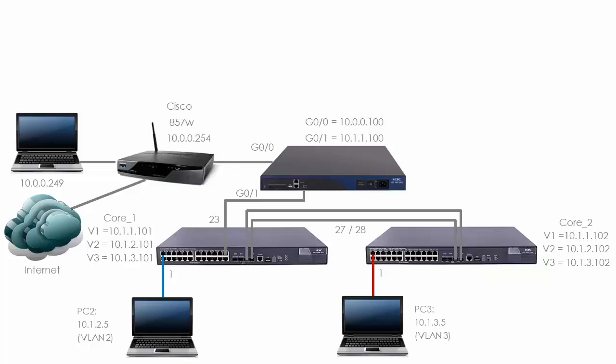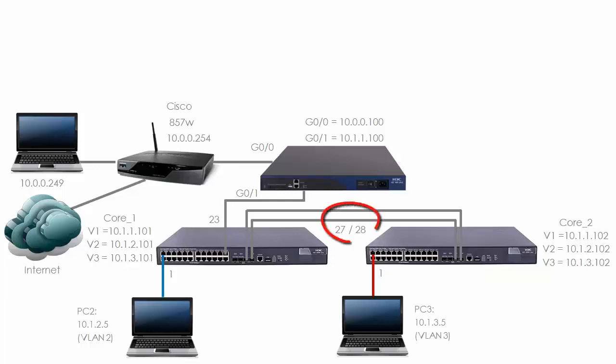So traffic from PC3 going to the recording machine will use VLAN 3 on the access port, will be inter-VLAN routed by core 2, sent across the bridge aggregation in VLAN 1, sent to the router or MSR, which will forward the traffic on to the Cisco router and on to my recording machine, which once again is connected via wireless. So at the moment it works fine, but when we expand the topology, we're going to have to fix this.